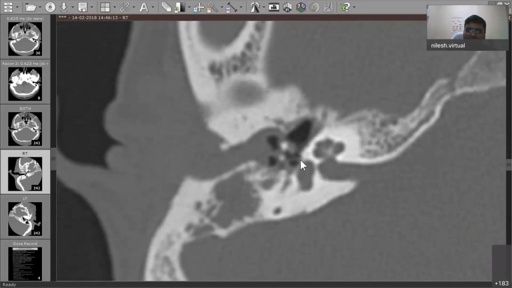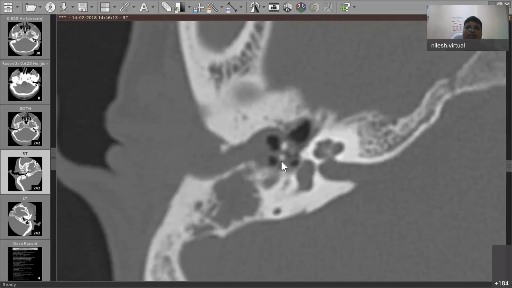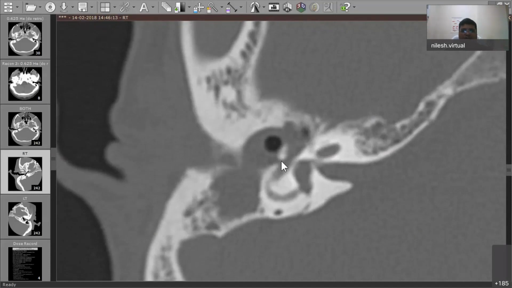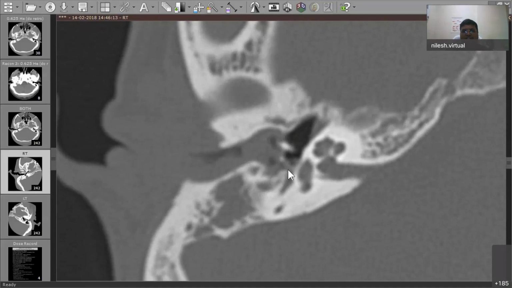So you can see here the stapes is nicely seen, anterior crus, posterior crus, footplate of the stapes, and then this is the lenticular process of incus. So always make a point whenever you are doing the canal wall down procedure in such cases, go in the middle ear first, disarticulate this connection between the remnant incus and stapes head, and then only remove the bridge.